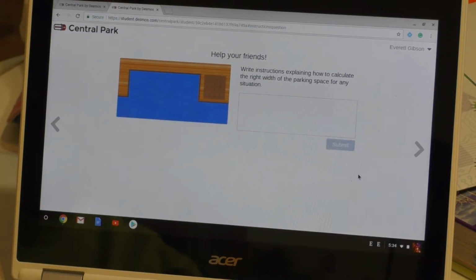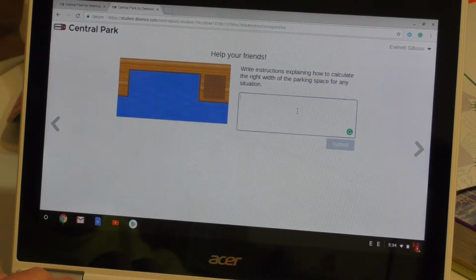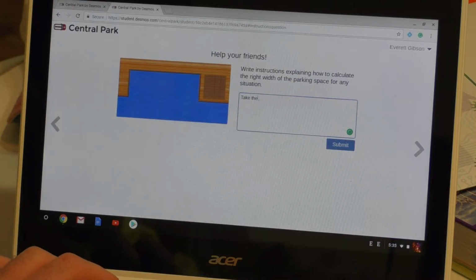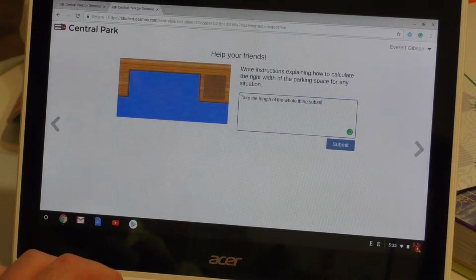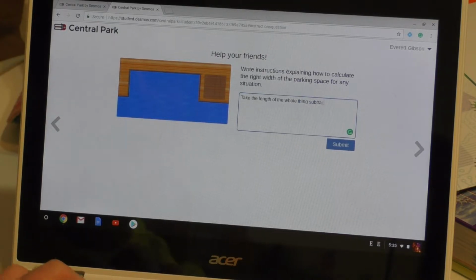So the instructions here: space for any situation. So I'm thinking, okay, take the length of the whole thing, subtract the length that the dividers take up, and divide that by the 4 parking spaces.